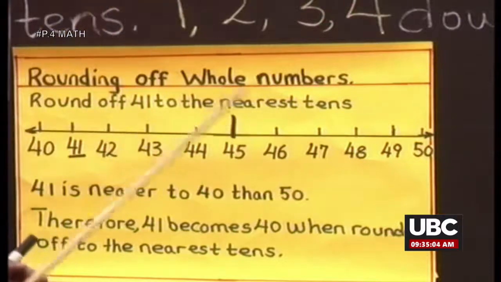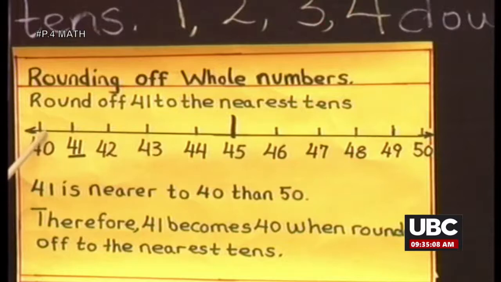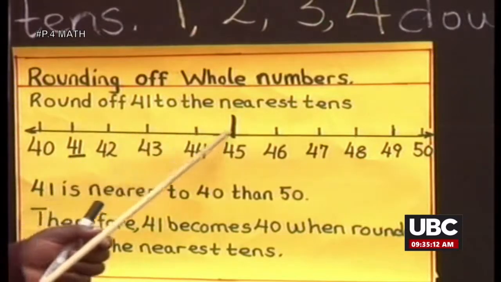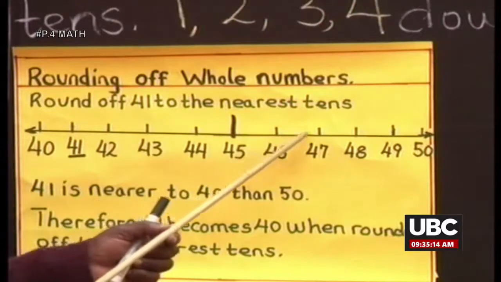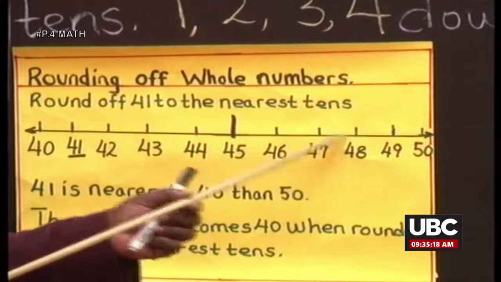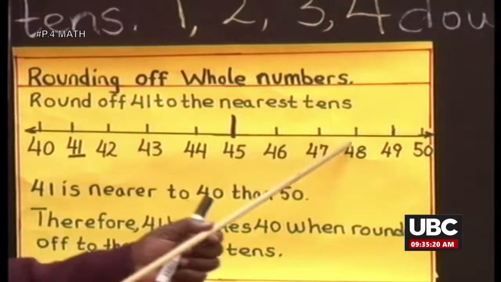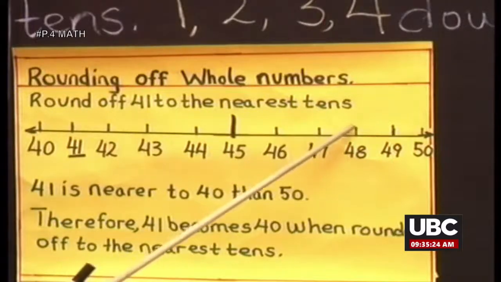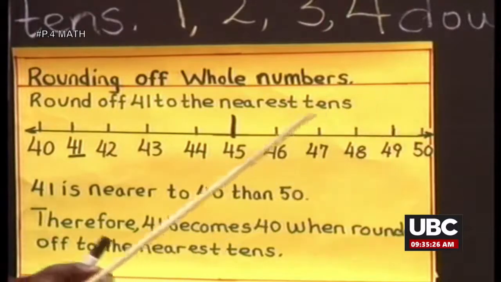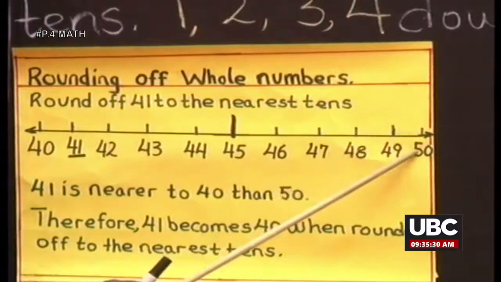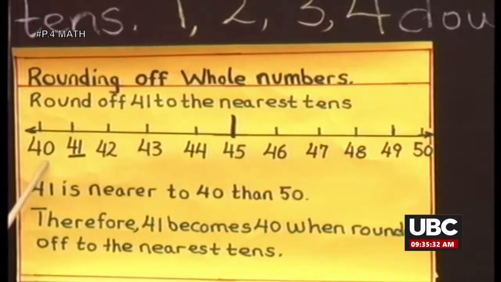When you count the steps from 40, they are 1, 2, 3, 4, 5, 6, 7, 8. 8 steps from 40. And from 48 to 50, we have only 2 steps. 1, 2. Therefore, 48 is nearer to 50 than 40.